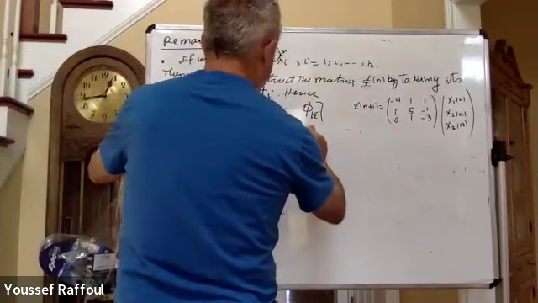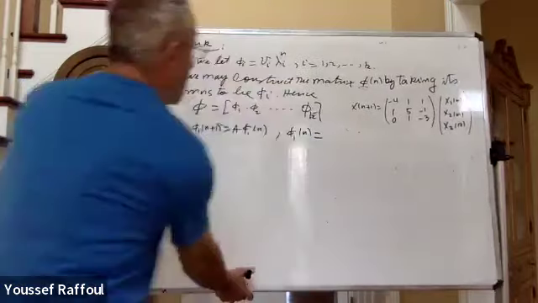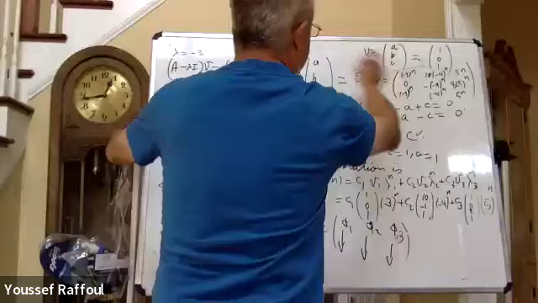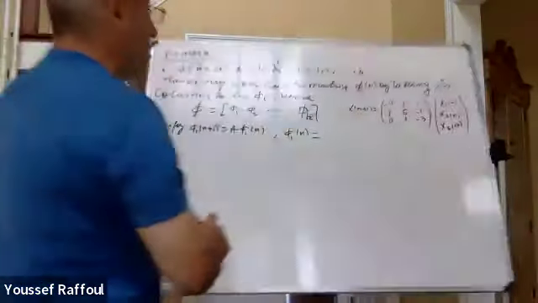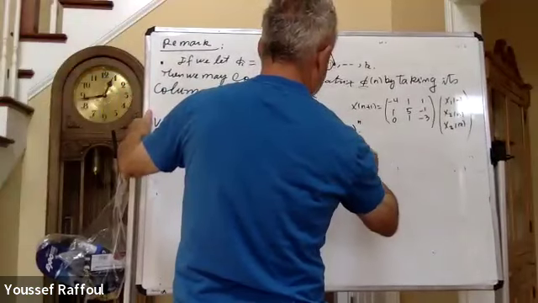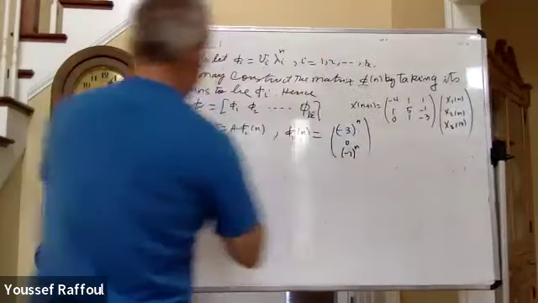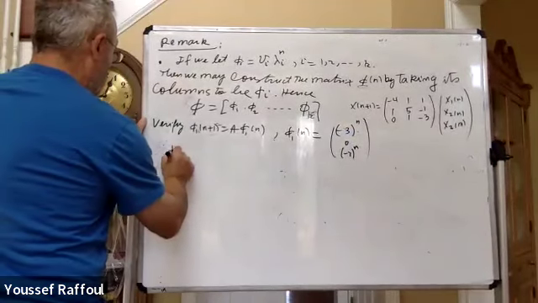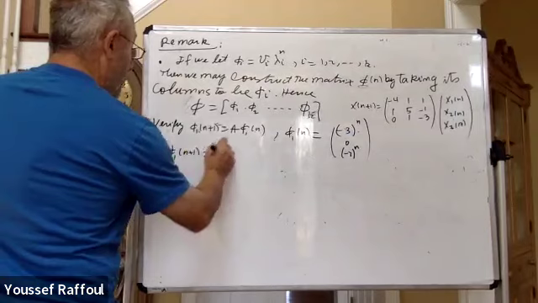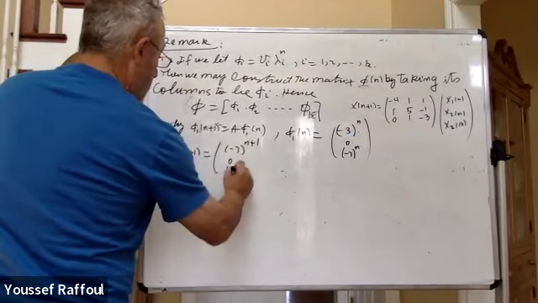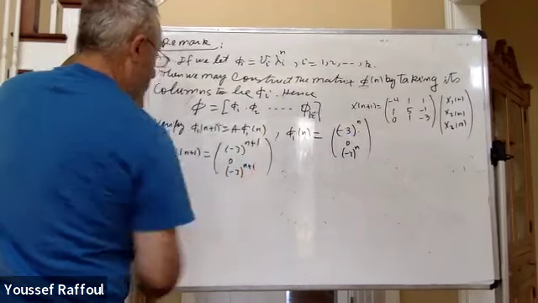And here, phi1 of n is, we got it from here: -3 to the n, 0, -3 to the n. So what is phi1 of n plus 1? That is -3 to the n plus 1, 0, -3 to the n plus 1.